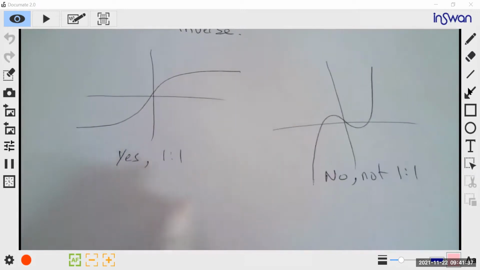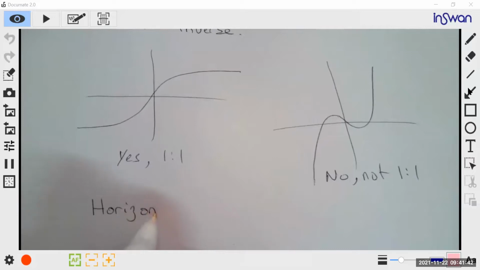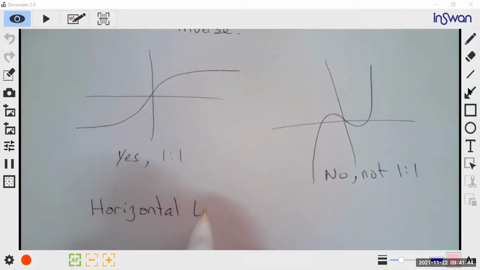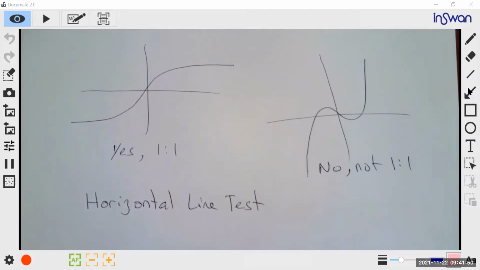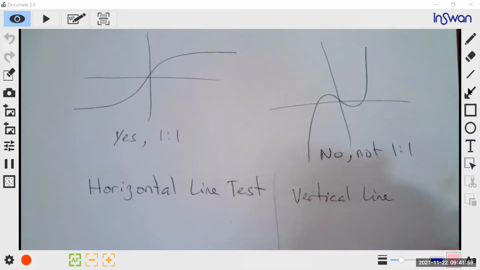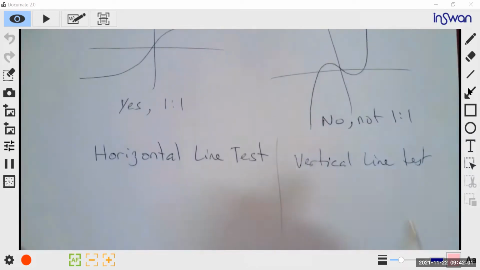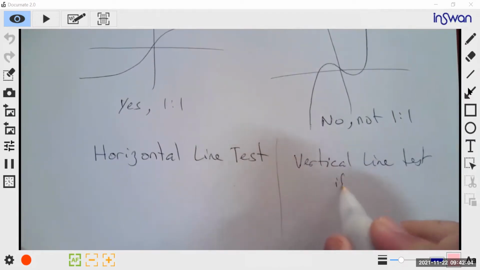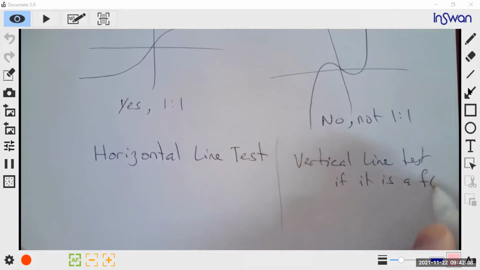Graphically, if I give you the graphs, we use the horizontal line test. Remember, earlier in chapter 2, we used the vertical line test. Well, that's to see if it is a function.